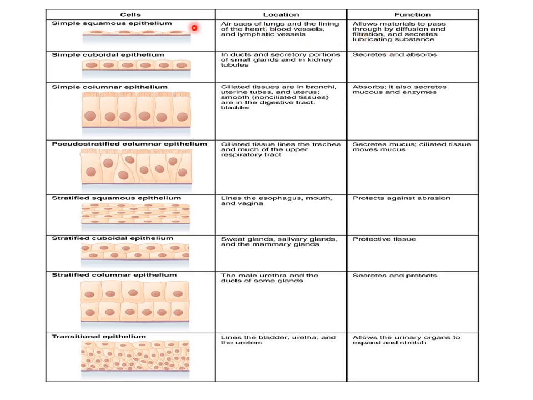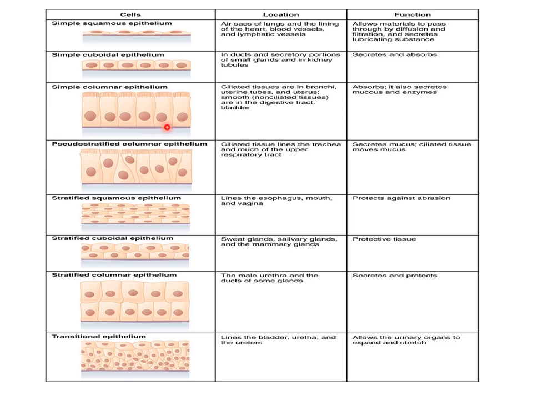Then the simple cuboidal epithelium lines the ducts and secretory portions of small glands, and also the proximal convoluted tubules and distal tubules of the kidneys. Its main function is to secrete and absorb.